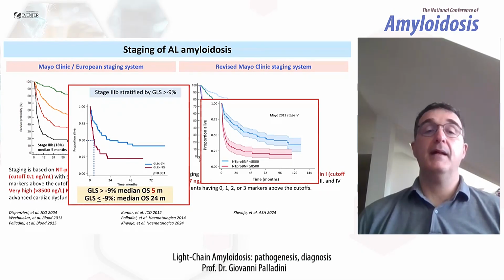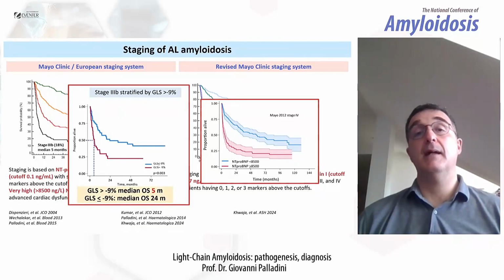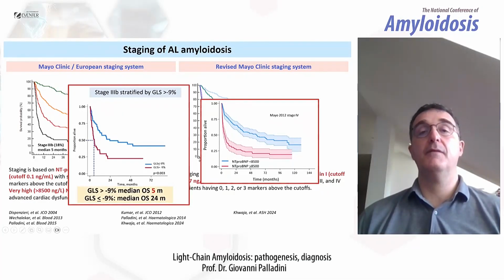GLS is global longitudinal strain, a marker of regional systolic dysfunction at echocardiogram. These patients are hidden in the large group of stage 3B. And if GLS is not so bad, they can have a better survival, and validation is underway of this new observation by the NAC.